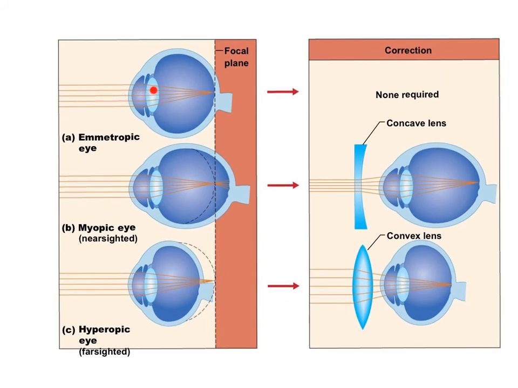Light comes in, the lens focuses it at the right focal plane, you get sharp vision on the retina, everything's fine. But then you have two different problems. If the lens does not curve the right way, or if the eyeball is a little longer than it's supposed to be, the focal plane doesn't match up. So you see here the focal point is not on the retina.